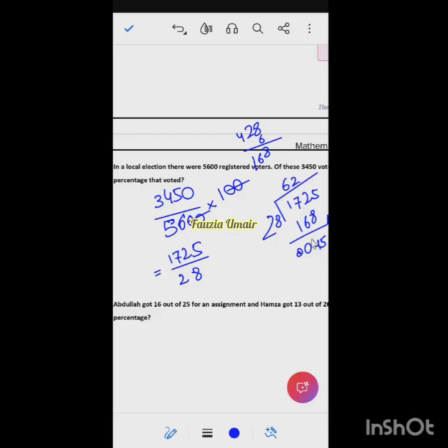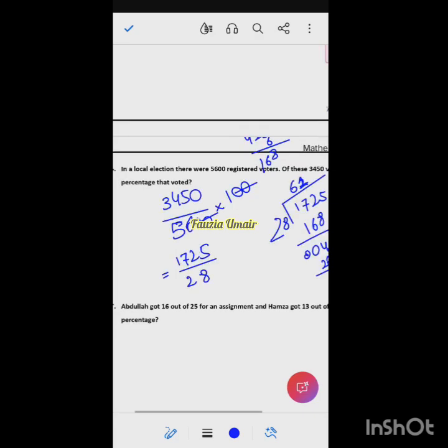Now 28 into what is 45? 28 ones are 28, ma'am, 2s would be bigger. 45 minus 28 is what? 17.